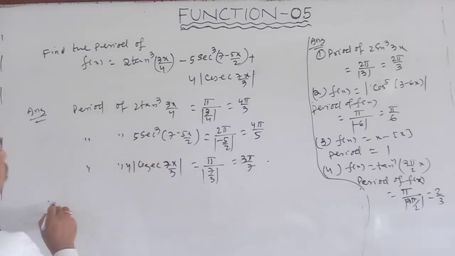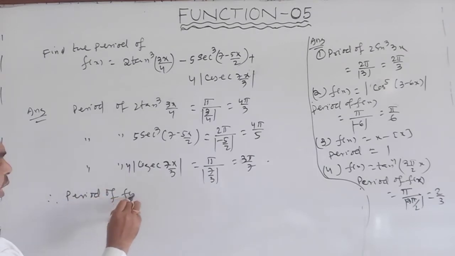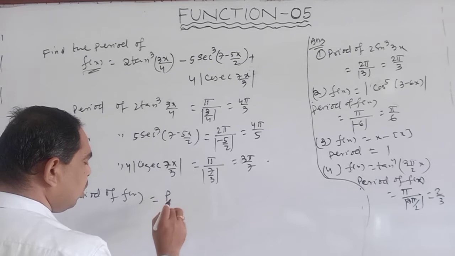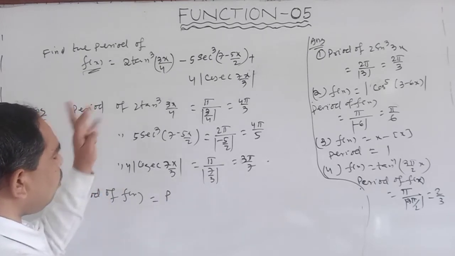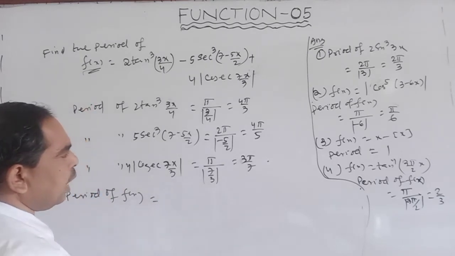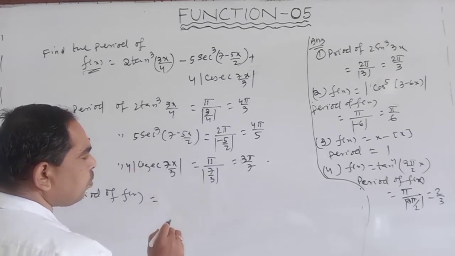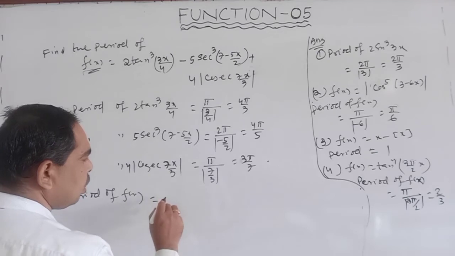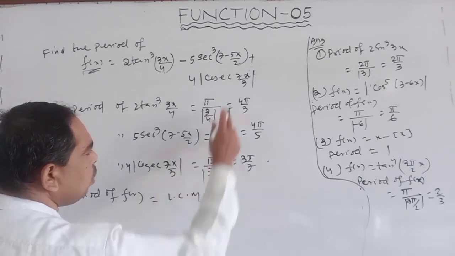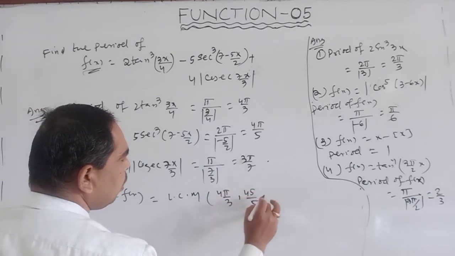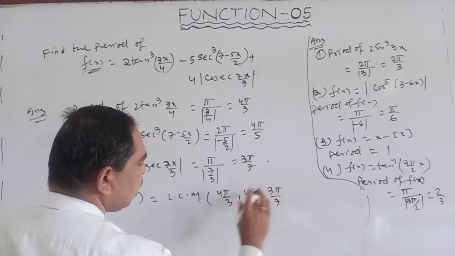Therefore, period of f(x) is equal to, use the formula, LCM of the individual functions: 4 pi by 3, 4 pi by 5, 3 pi by 7.